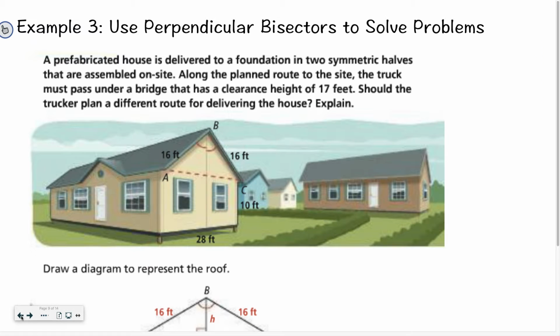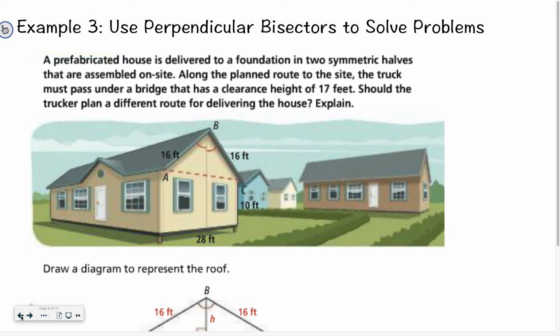All right, so we want to use perpendicular bisectors to solve problems. We have a prefabricated house is delivered to a foundation in 2 symmetric halves that are assembled on site. Along the planned route to the site, the truck must pass under a bridge that has a clearance height of 17 feet. Should the trucker plan a different route for delivering the house?